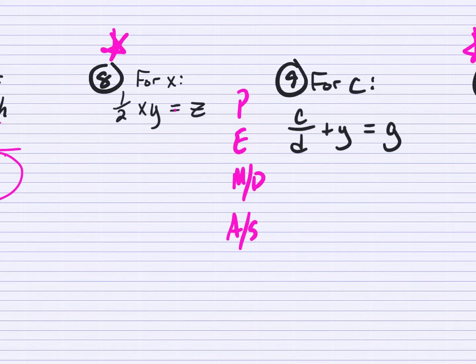Now, the other day, we learned the opposite of multiplying by a fraction is not dividing. It has a special rule. The opposite of multiplying by a fraction is multiplying by its reciprocal, which is, in this case, 2/1, or just 2. So on the left-hand side, my fractions cancel out. I have x times y equals, and it's z times 2.